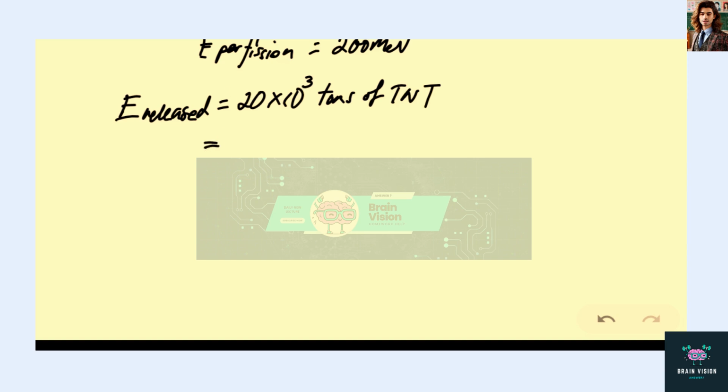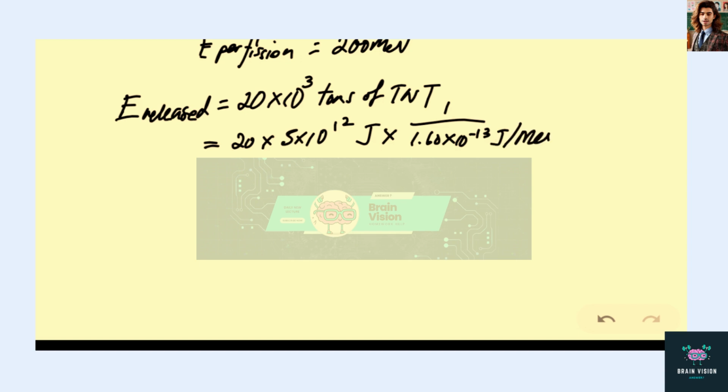So to convert into joules, we use the hint that was given that 1 kiloton of TNT is 5 times 10 to the power 12 joules. So we take 20 times 5 times 10 to the power 12. This will be in terms of joules. To convert it into MeV, we divide by 1.6 times 10 to the power minus 13 joules per MeV.